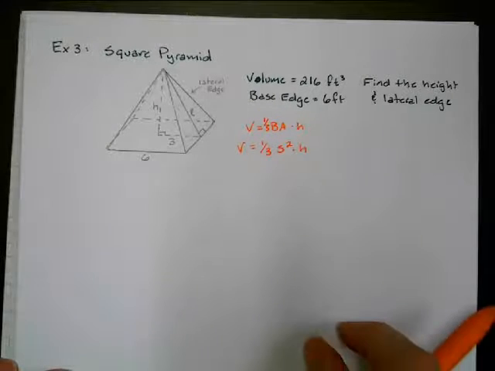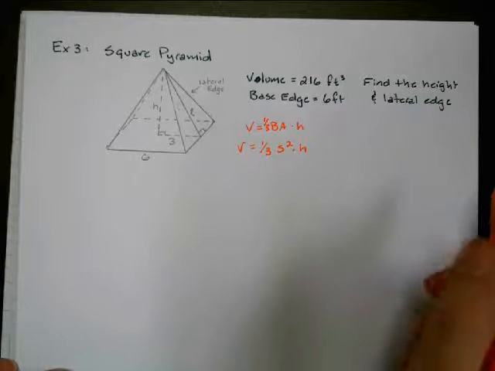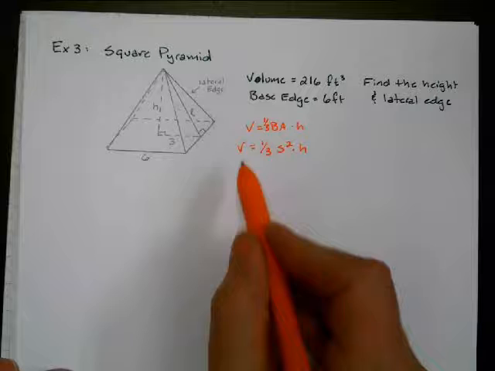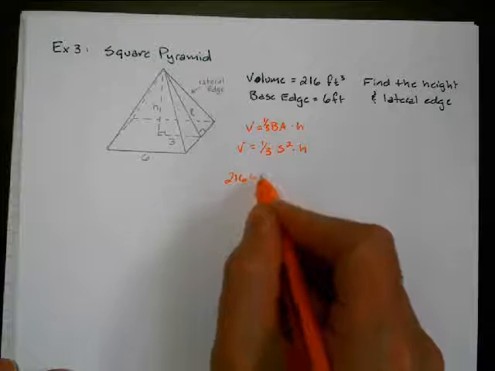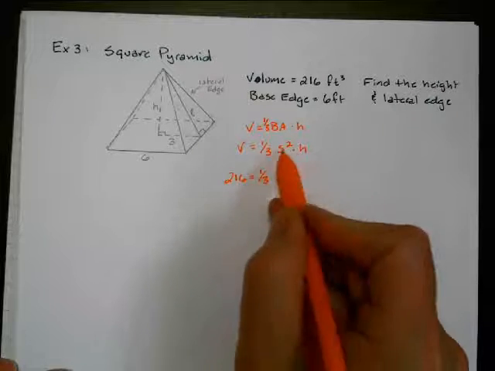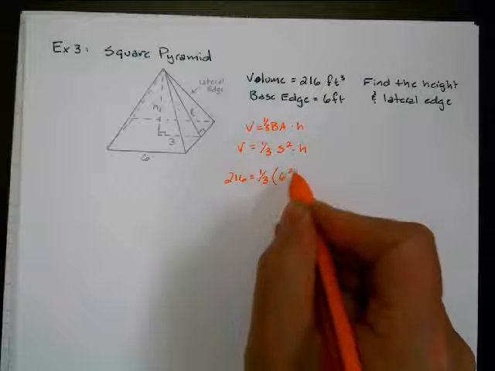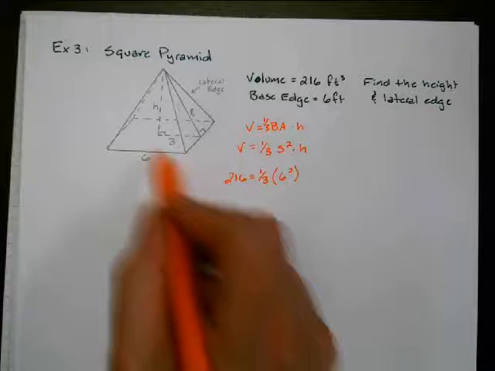All right, let's see what we got here. So we've got the volume is 216, so we're going to plug 216 here. The sides are 6. And then the height, that's the one thing we don't know, so we're going to find that.